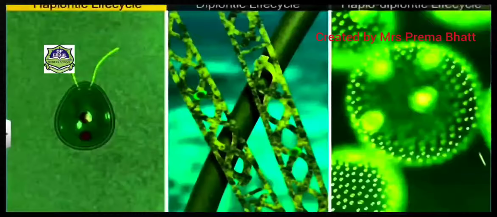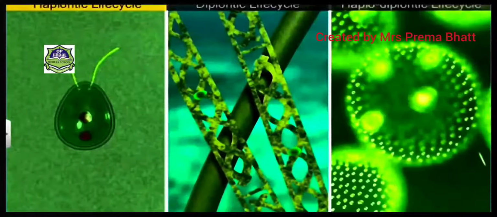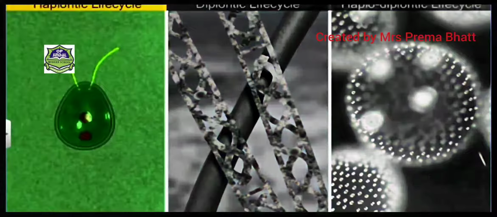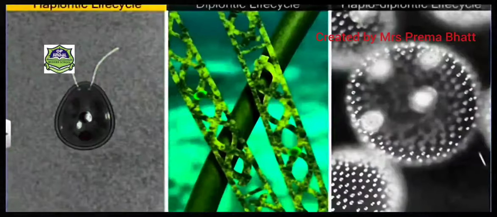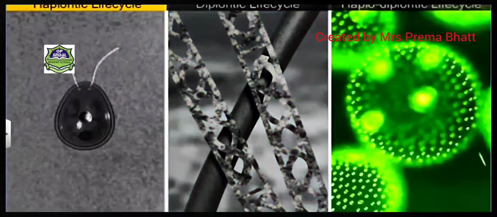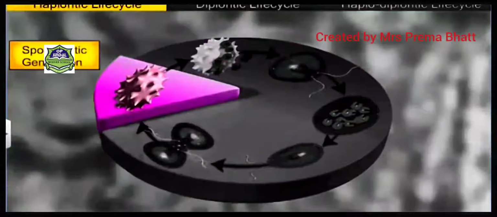As the name suggests, the haplontic life cycle has the haploid or gametophytic phase dominant, as in algae like Chlamydomonas, Spirogyra and Volvox.